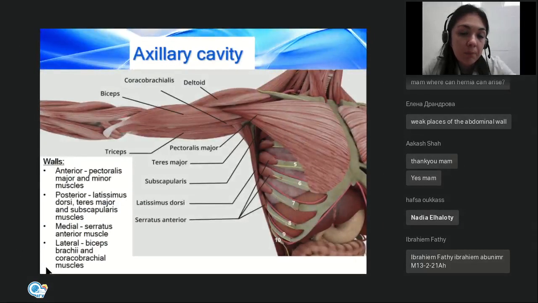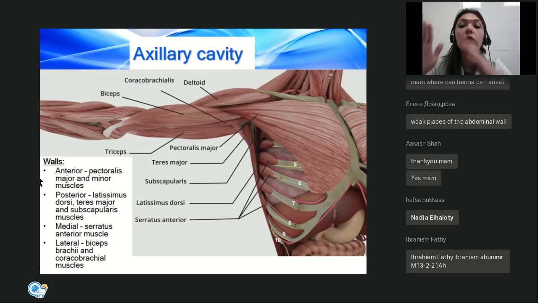Inferior aperture. Okay, let's first talk about the walls, because without it we won't be able to name the structure of the inferior aperture. So it is a quadrangular, tetrahedral pyramid, let's say, without an apex. There are four walls: anterior, posterior, medial, and lateral.